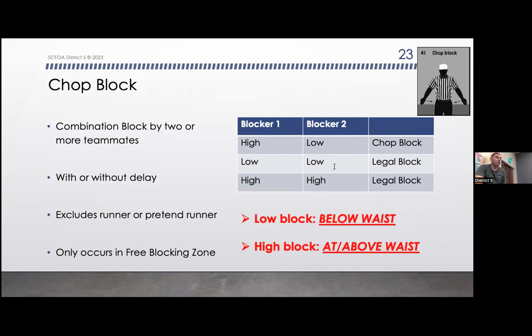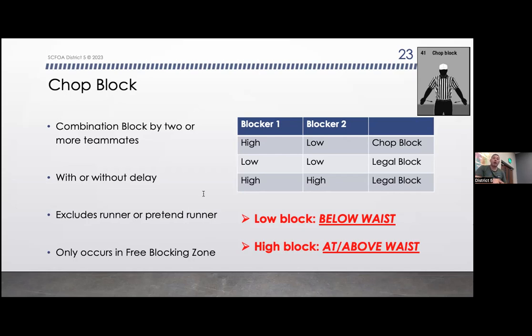If they're both low in the free blocking zone, so if both blocks below the waist meet the requirements for a legal block below the waist, and that would be on the line of scrimmage, the players in the free blocking zone, and action simultaneously with the snap, then that's legal.